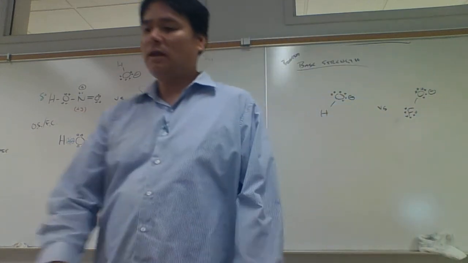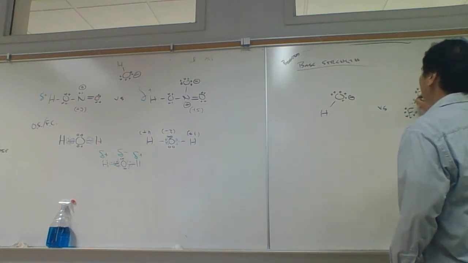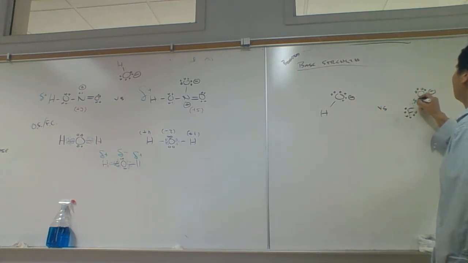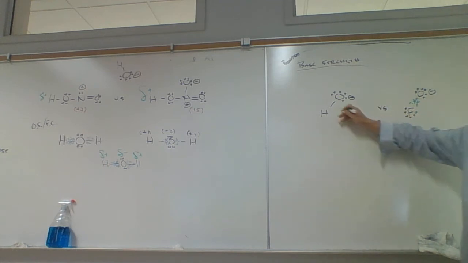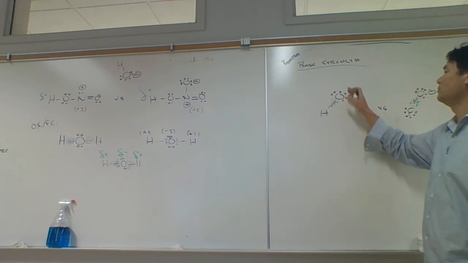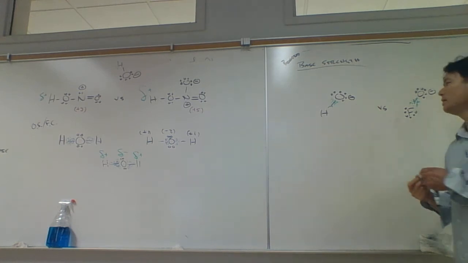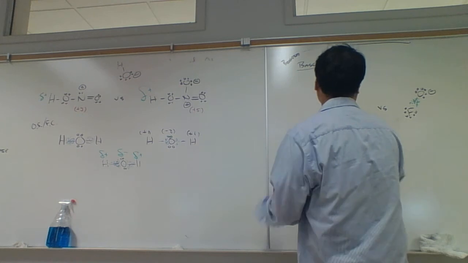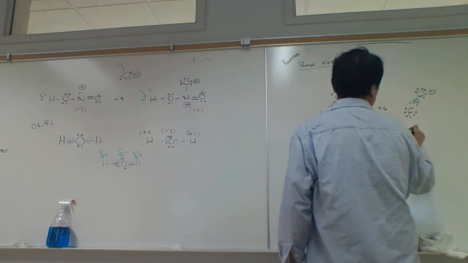Fluorine's going to suck the electron cloud towards it more than hydrogen does. And so as fluorine sucks the electron cloud density away, more of that negative charge density on the oxygen gets pulled towards fluorine. Whereas over here, oxygen sucks the electron cloud away from hydrogen, thus concentrating the negative charge density on oxygen. And so because of this, we say that this would be stronger and this would be weaker.